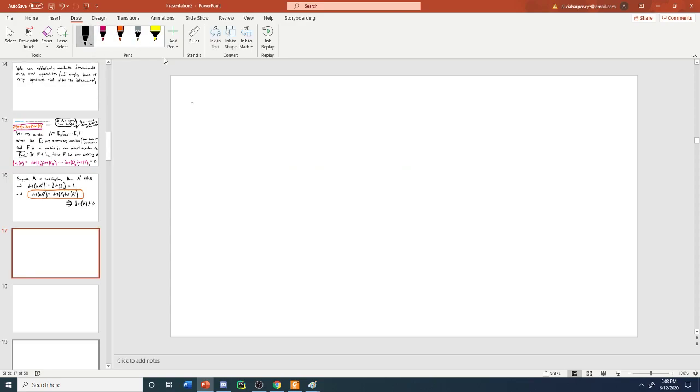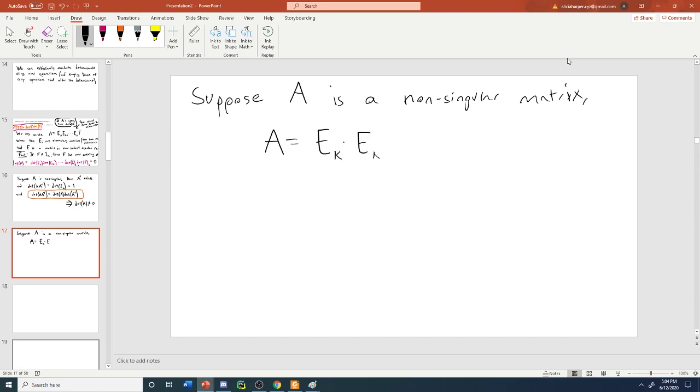Suppose A is a non-singular matrix. Then after we put it in row-reduced echelon form, we can write A as E_k times E_{k-1}, and so on, down to E_1 times I_N.